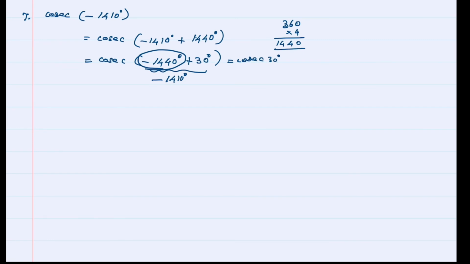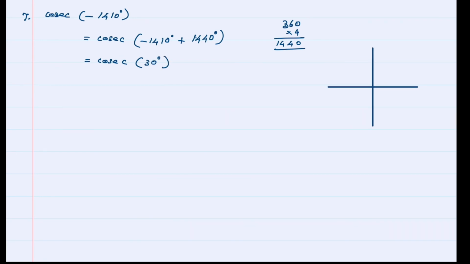We may do like this also. And this becomes 30 degrees. 30 degrees is in the first quadrant, and negative 1410 degrees in the negative direction, one revolution, which is negative 360, negative 720, negative 1080 degrees, 3 revolutions, and the fourth one, here it comes.